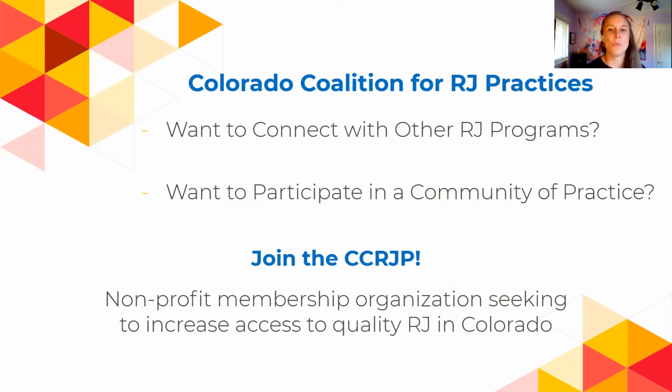And we're hoping, if you are interested in a community of practice, that is us meeting regularly to talk about our challenges, our successes, feel free to reach out to either Chris or I, and we'll start generating an email list and work with CCRJP to put that together.